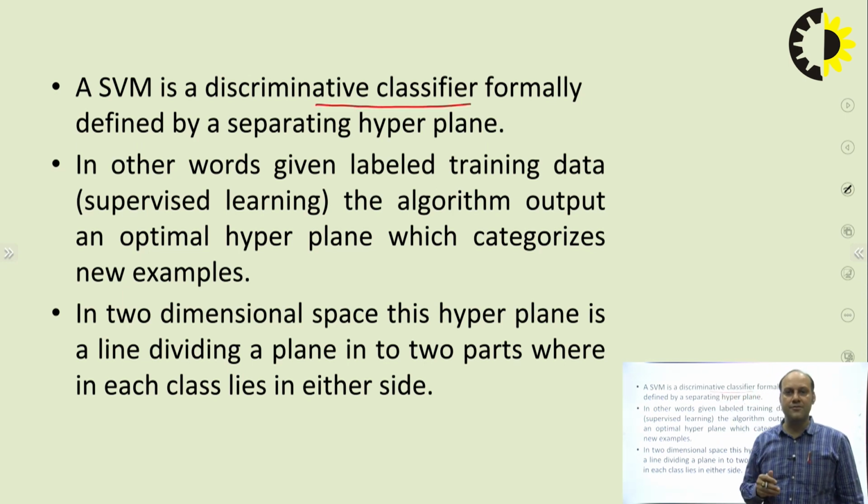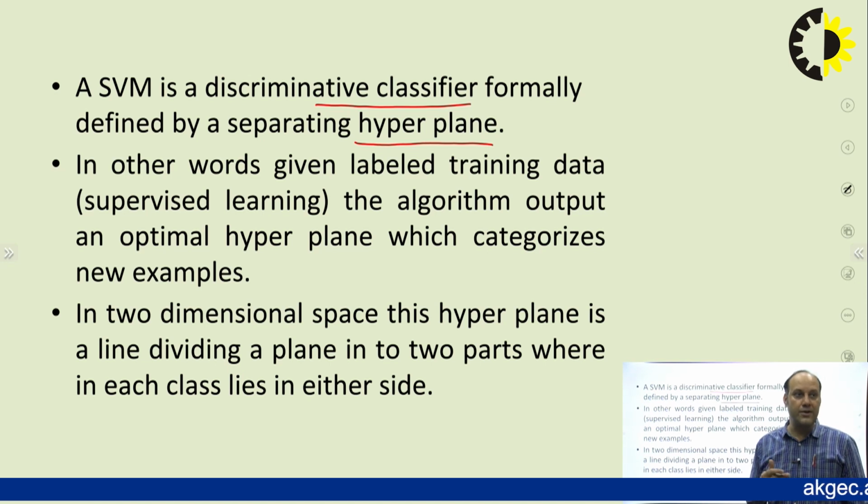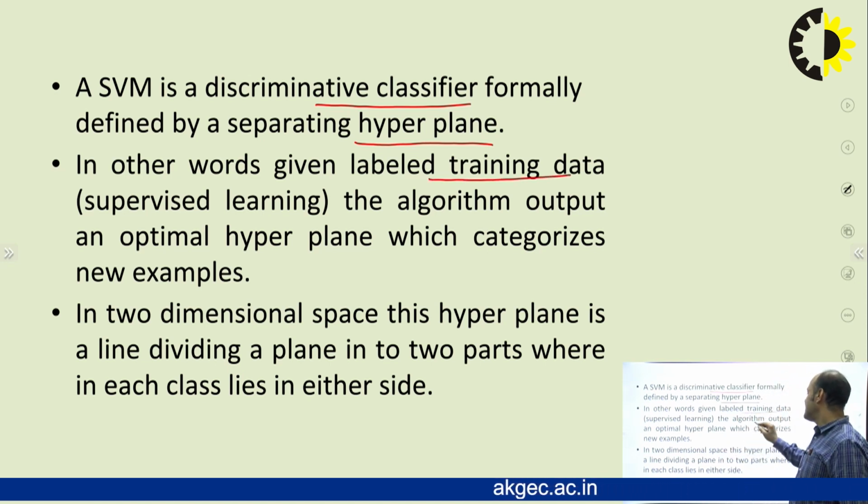Discriminative classifier means we define planes, and on either side of the plane we classify the different sets of the problem. It is defined by a separating hyperplane, that is called a hyperplane here. In other words, some labeled training data is given.